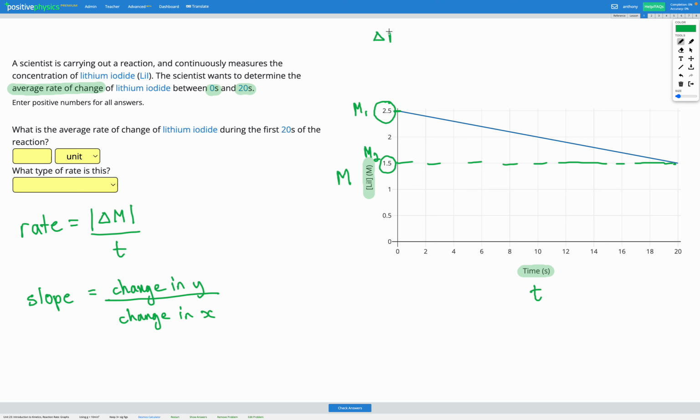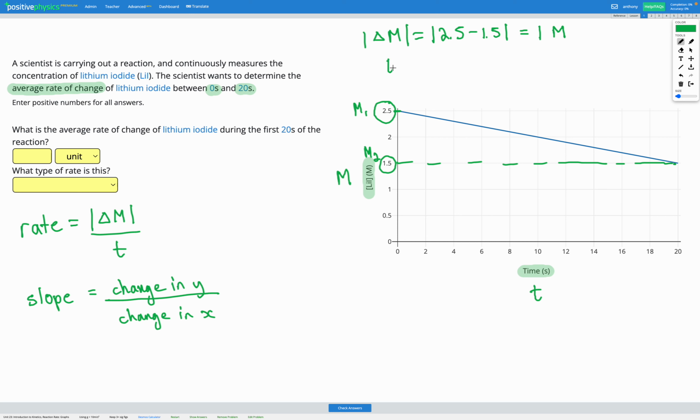Our change in molarity would be M1, which is 2.5, minus M2, which is 1.5. If we put those into our calculator, we're going to end up getting 1 molar as our change in molarity.